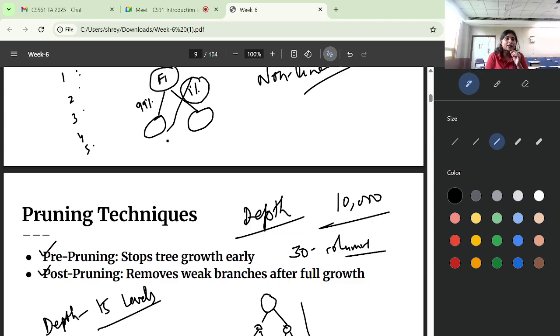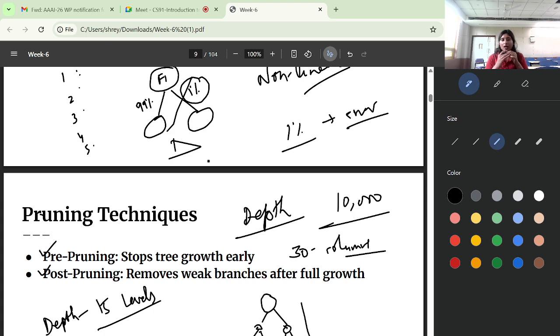After this F1 I will directly use the leaf node. So maybe 1% of the samples will give me the error. It's okay, no problem. But if I split this 1% of samples further and further and further, it can increase the overfitting for my testing set. So this is why pruning techniques come into the picture. Is that clear?